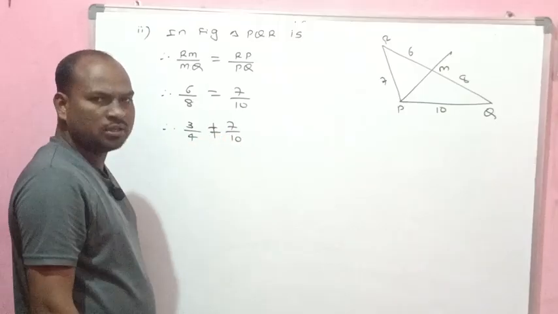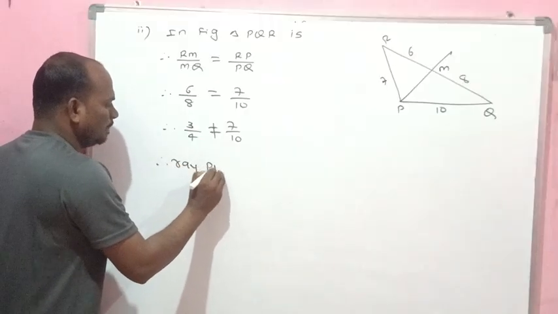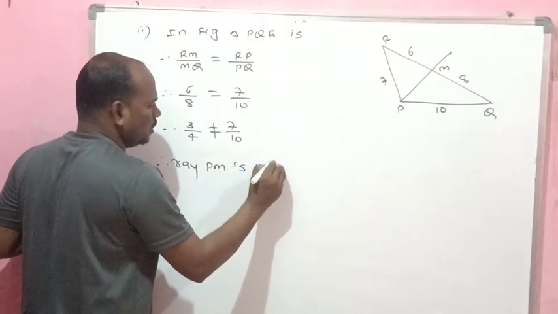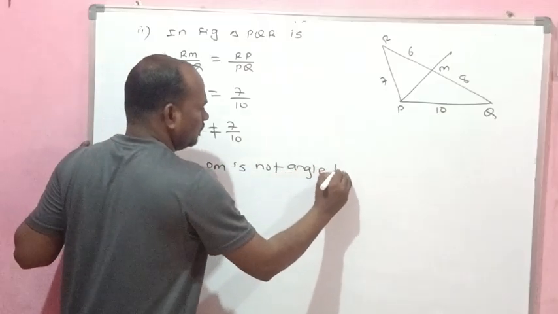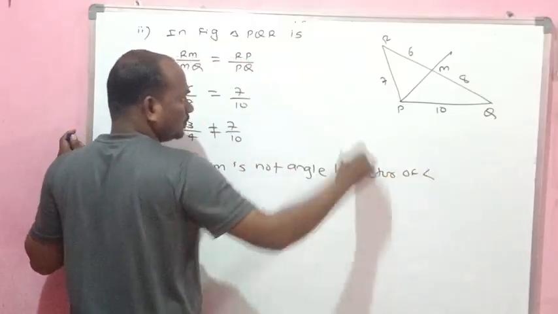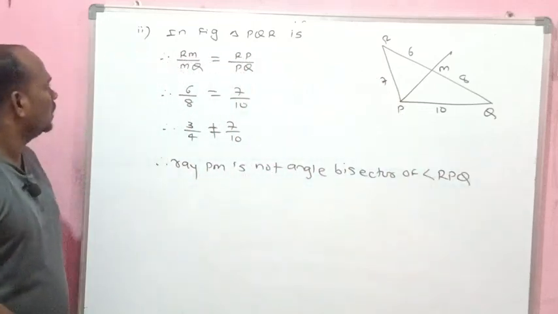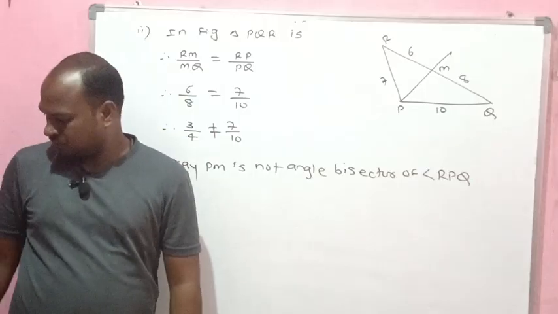The both sides are not equal. Therefore ray PM is not angle bisector of angle RPQ. Now this is second problem.